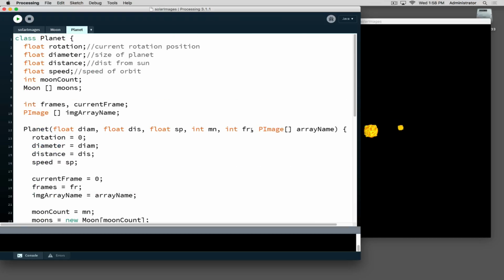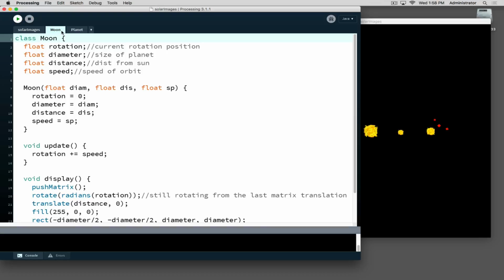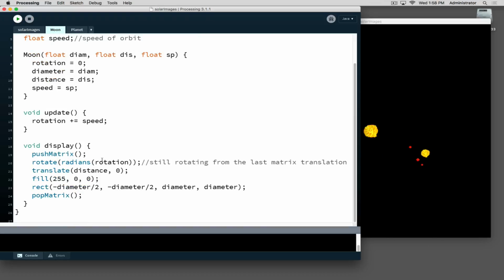So I am telling it how many frames and what image array to use. So realistically, the planet class is done. We don't even have to change it again. Moon you will have to change because there are no pictures in the moon yet, and I expect pictures in your project. So you're going to have to work on integrating those a little bit.